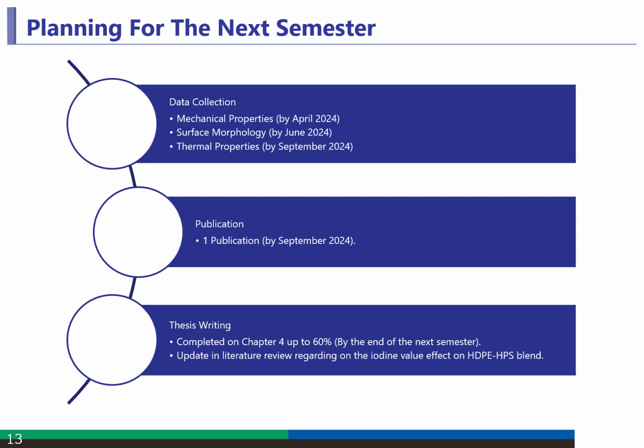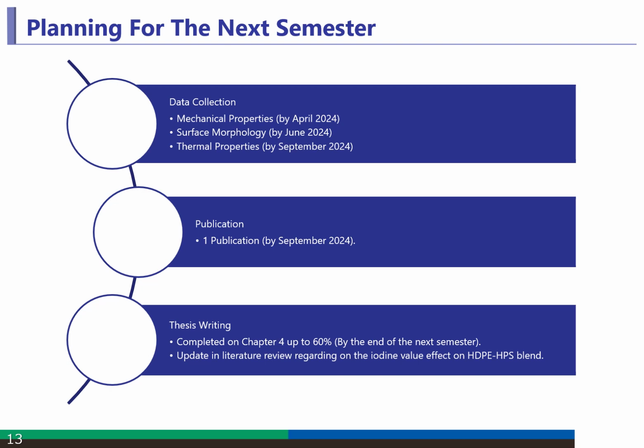Lastly, this is the planning for the next semester of my research. The first one is data collection. I would like to proceed with data collection of mechanical properties by April 2024, then surface morphology by June 2024 and thermal properties by September 2024. The next one is publication. I am planning to have one publication of my paper by September 2024.